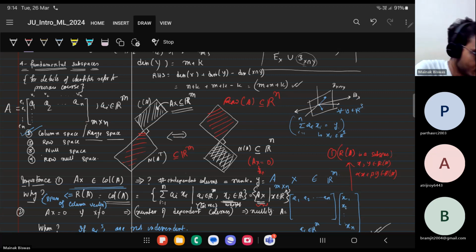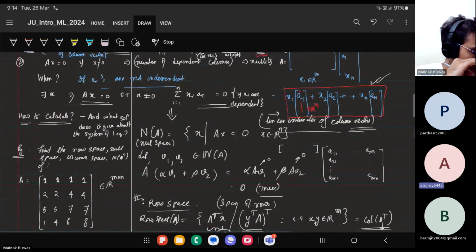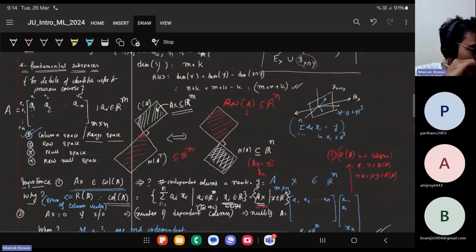Right? One thing to ask, why did you write null space of A transpose for column space? I wrote it with its column space. Means the null space in the diagram, I wrote AX belongs to RM, right? No, the connected part.